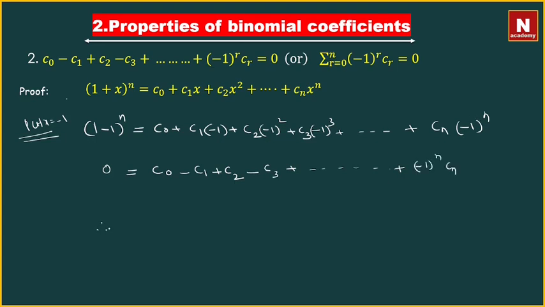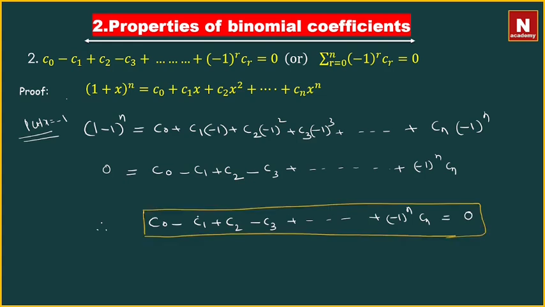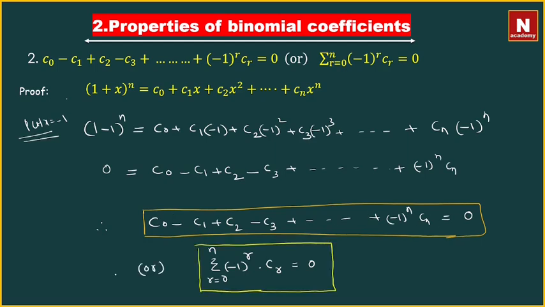Therefore, the result is C0 minus C1 plus C2 minus C3 and so on, minus 1 power n into Cn, equals 0. Otherwise, we can write sigma r equals 0 to n, minus 1 power r into Cr, equals 0. If you substitute, you will get this result.